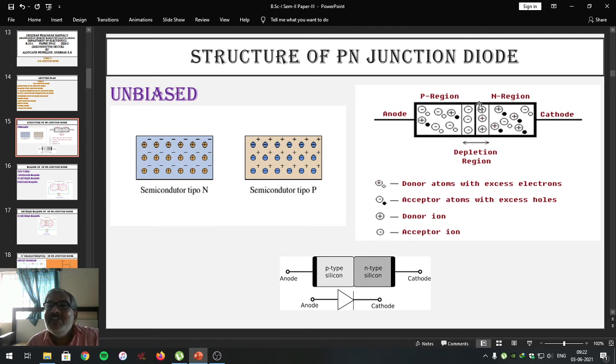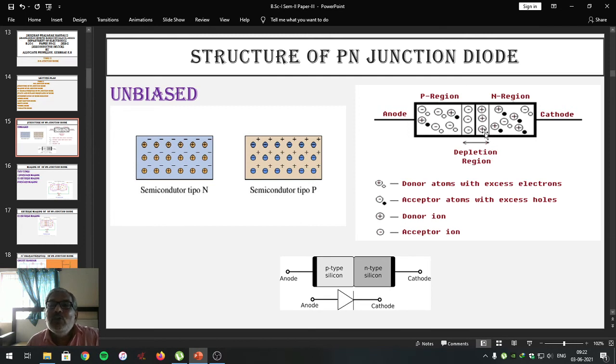The potential existing due to the formation of these particular ions is called the barrier potential. This barrier potential sets the barrier for the motion of N-type and P-type charge carriers to cross the junction, by generating the depletion layer in between the P-type semiconductor and the N-type semiconductor.